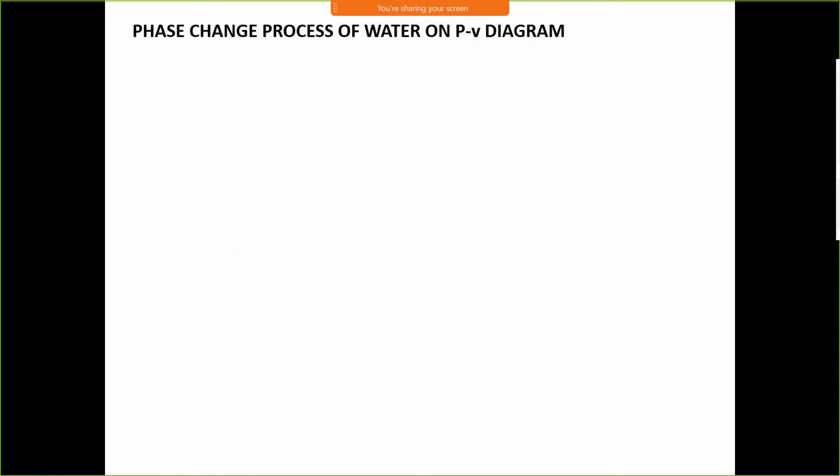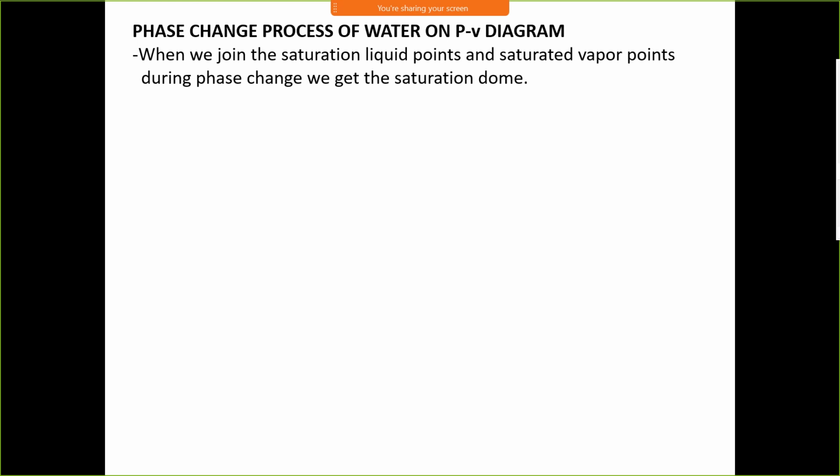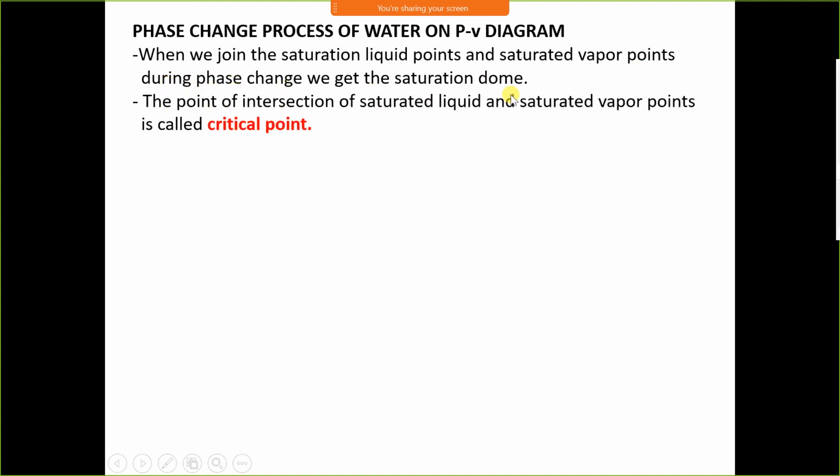Phase change process of water on a PV diagram. When we join the saturation liquid points and saturation vapor points during phase change, we get a saturation dome. The point of intersection of saturation liquid and saturation vapor is called the critical point. As the pressure increases, latent heat decreases.